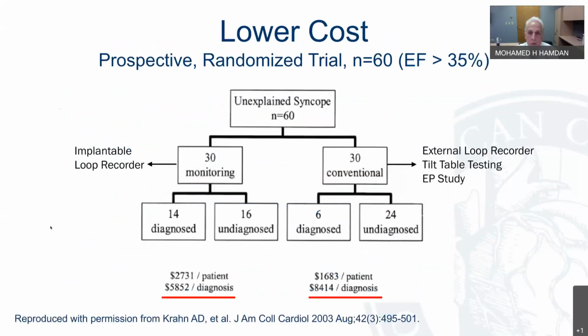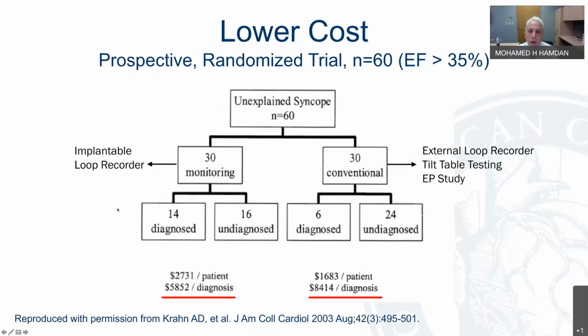In addition to a higher rate of diagnosis, we also know that there is lower cost when you use ILRs. This is a study that was shown in the previous slide. This is the Canadian study by Dr. Kranz and his colleagues, where they enrolled 60 patients with unexplained syncope who had an EF more than 35%. 30 were randomized to monitoring and 30 to conventional.